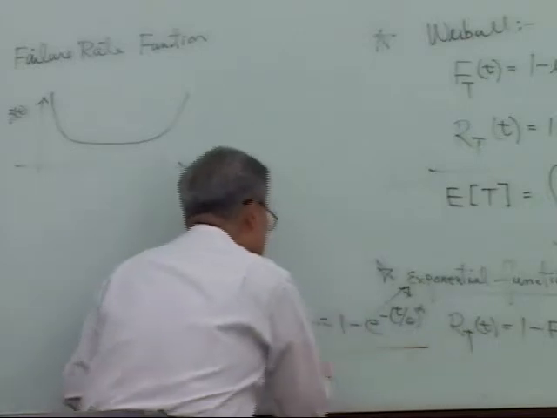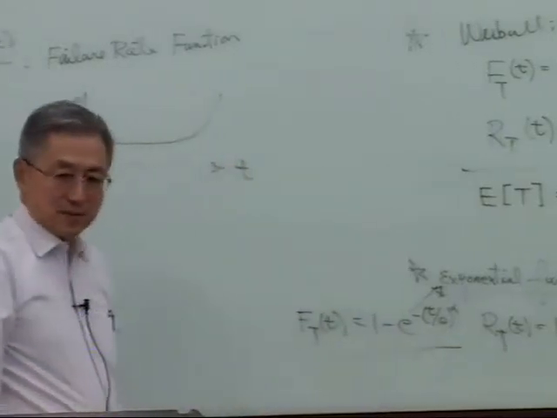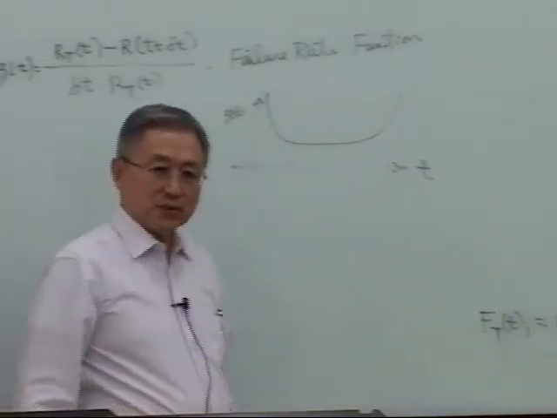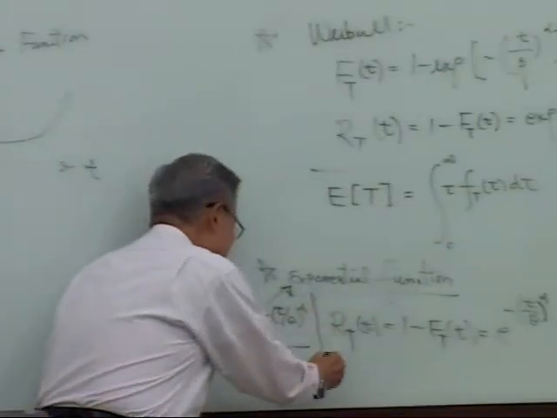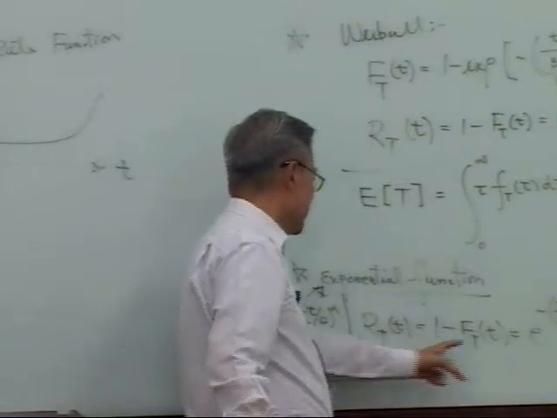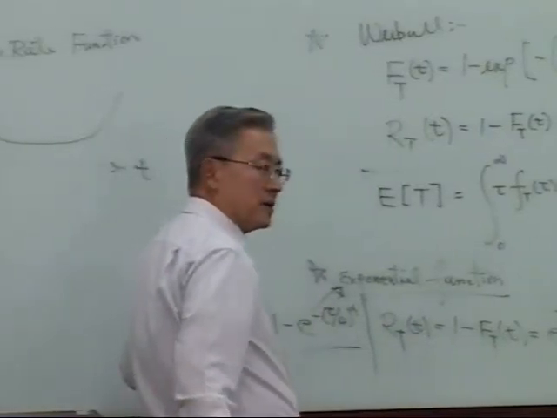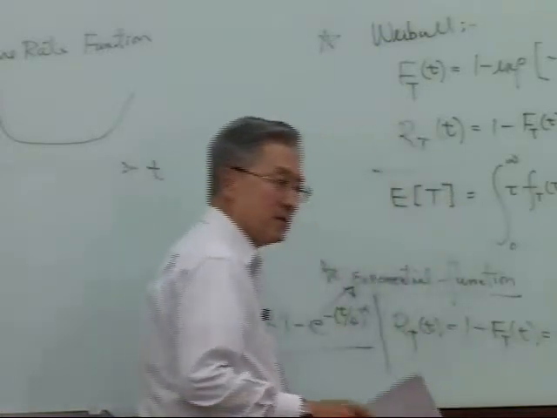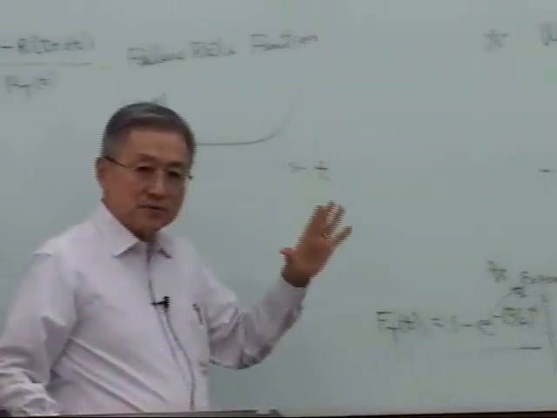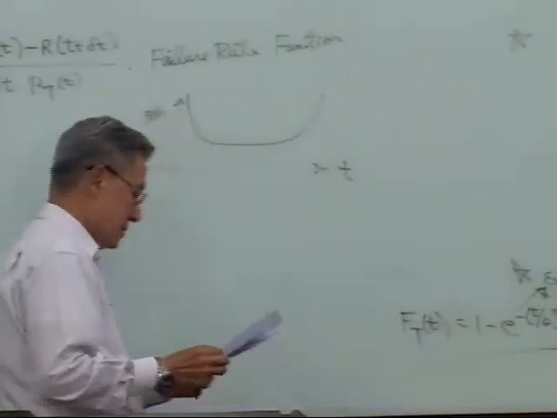So take a look at my notes. My notes are pretty thorough. To get the reliability model, you have to take away F(t), then you will have that model. Nothing to be confused about.